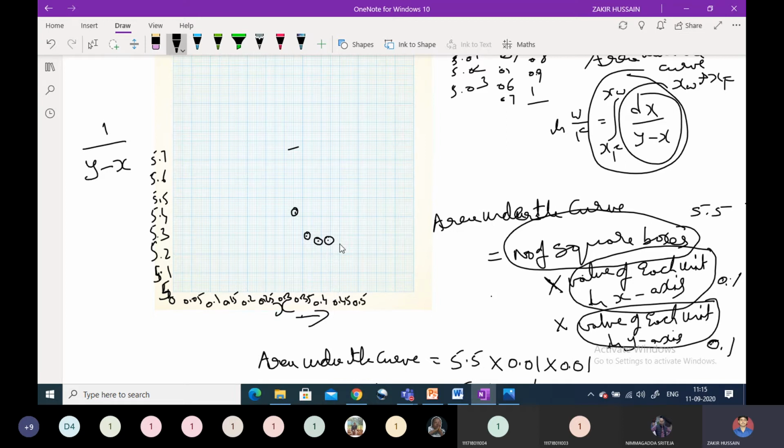Then 0.45, 5.291. Then 0.48, 5.376. Five point 5.464.